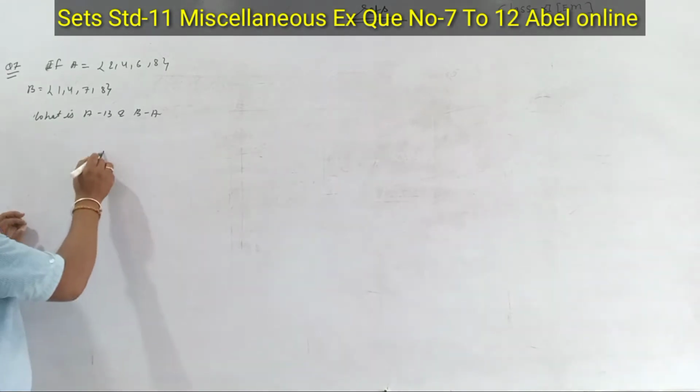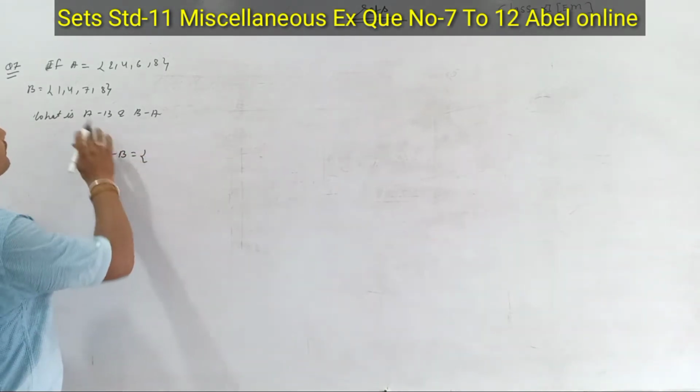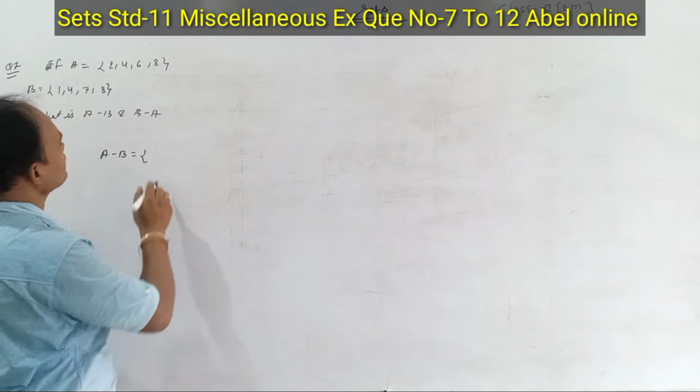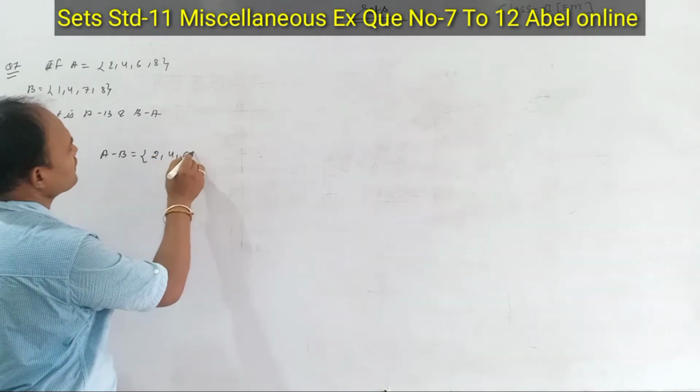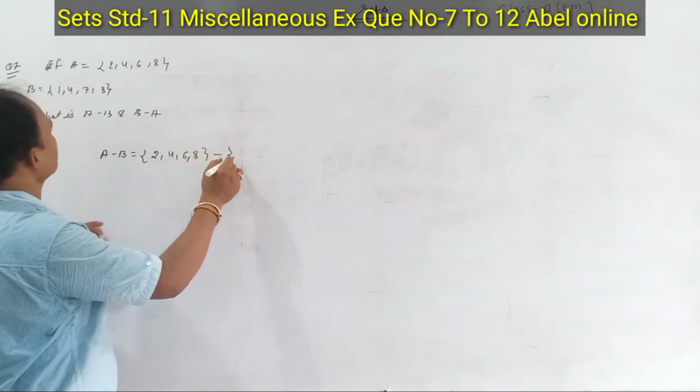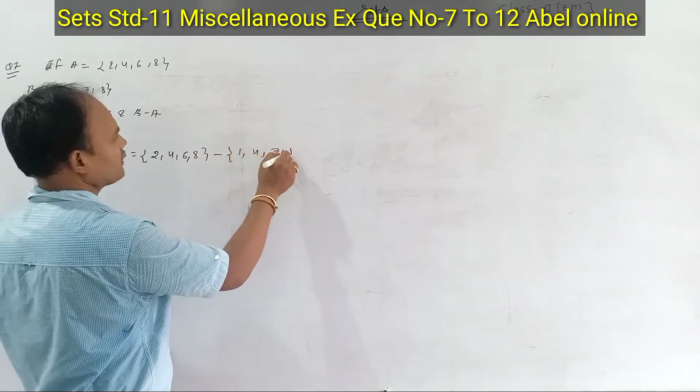Always remember that when we are going to find A minus B, A is {2, 4, 6, 8} and the value of B is {1, 4, 7, 8}.